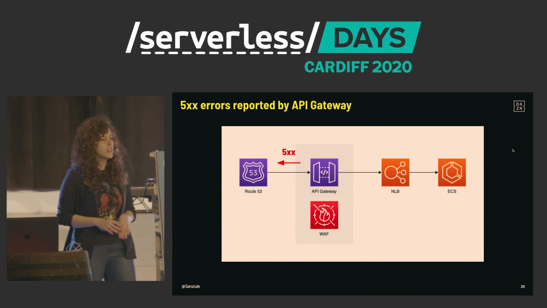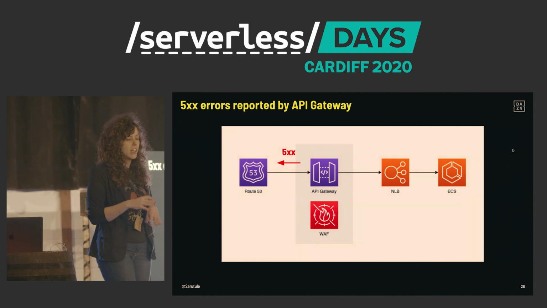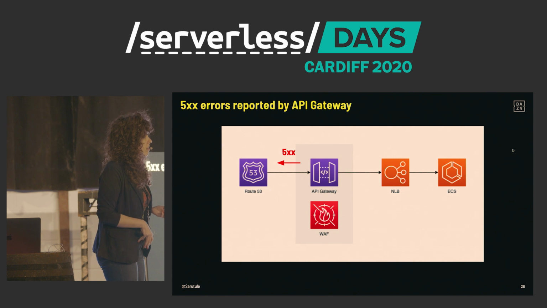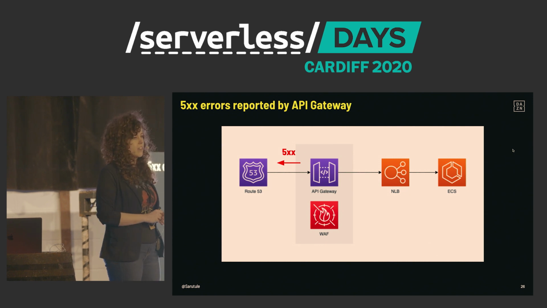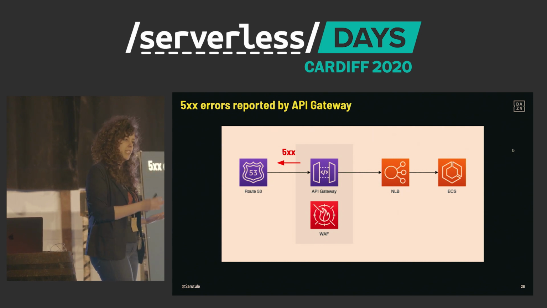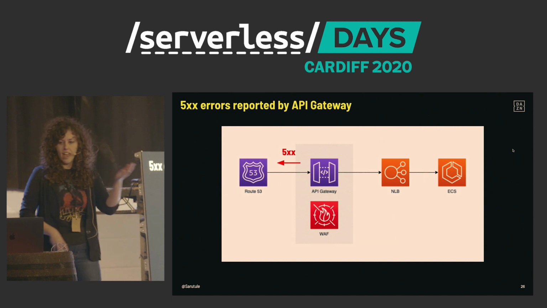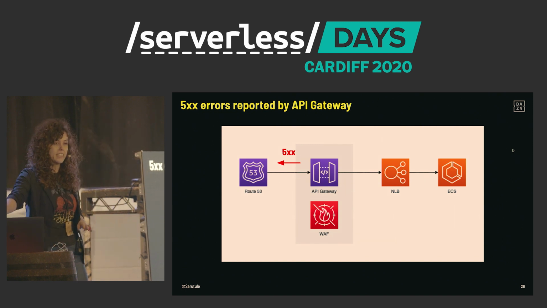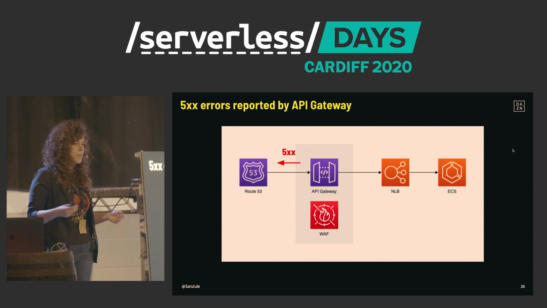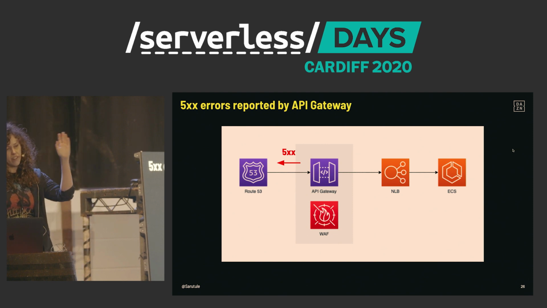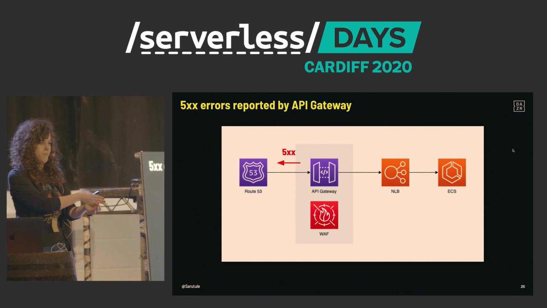The first thing we did was to go into the logs and the metrics of the ECS service, because we had metrics in place for the API gateway, the network load balancer and the ECS. So we started with ECS, and ECS seems fine. We are not getting anything. That means that the problem was before.